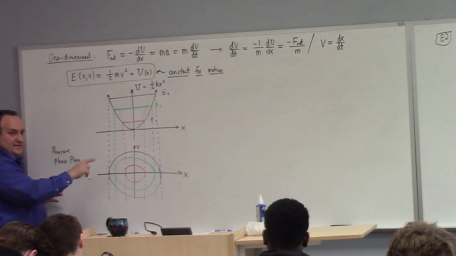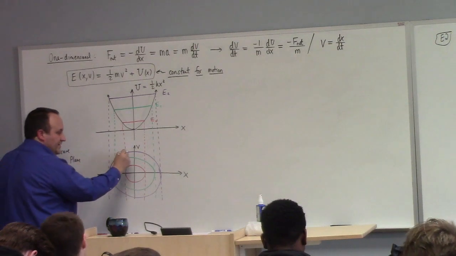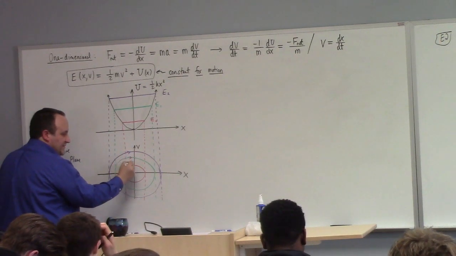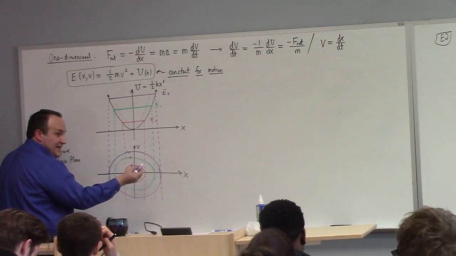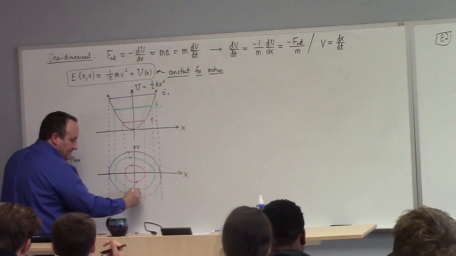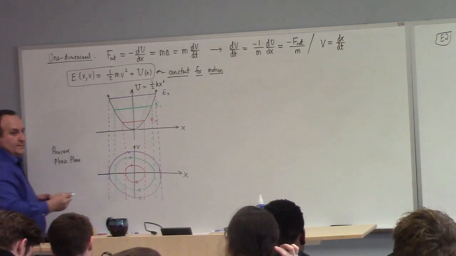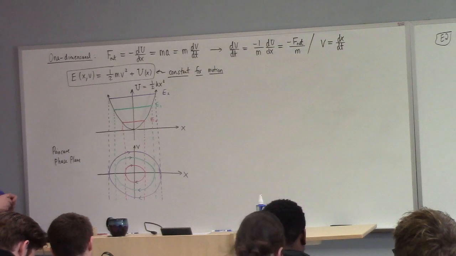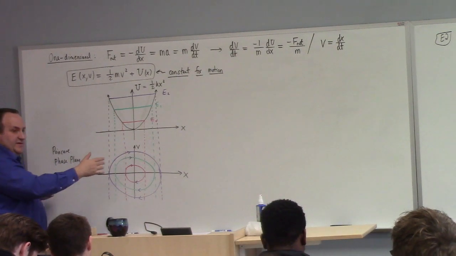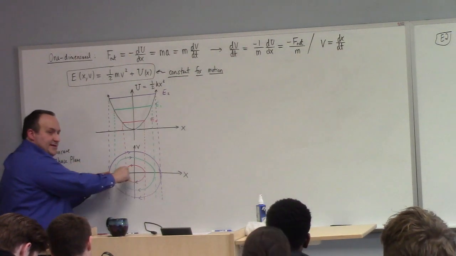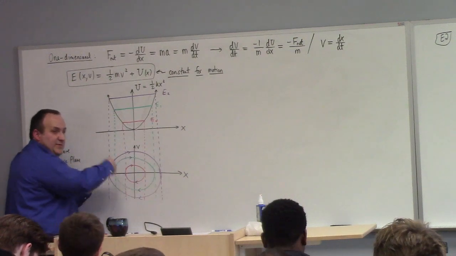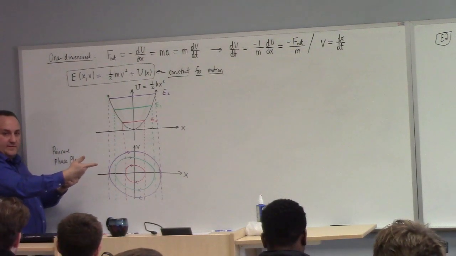If the velocity is positive, which way is the trajectory going? It's going to the right. Velocity negative means you're going to the left. For a given energy, you can go around this loop and it's the full story of the spring, right?